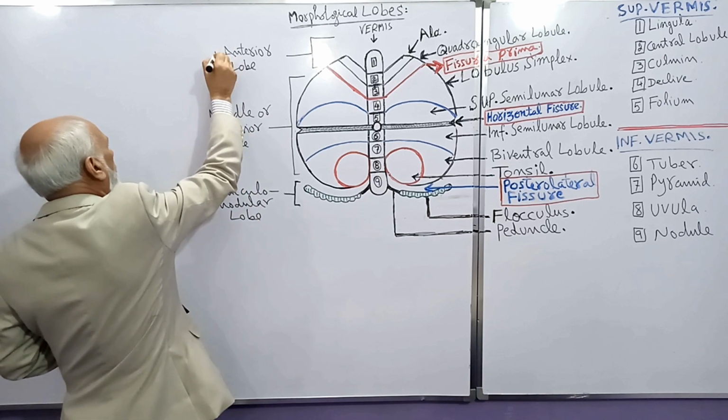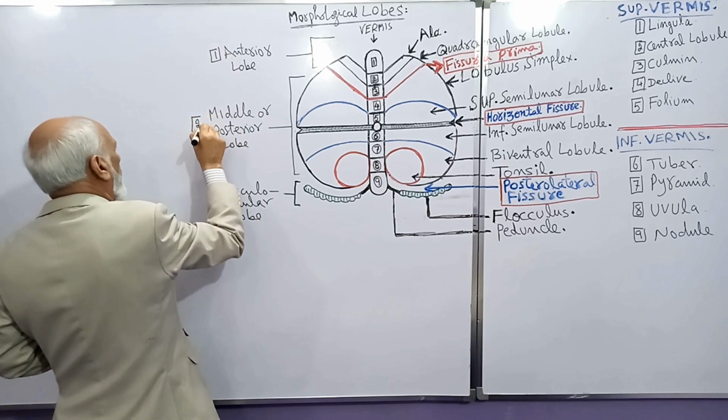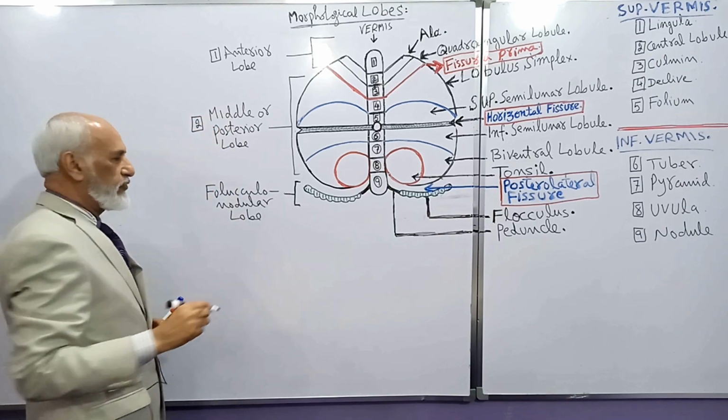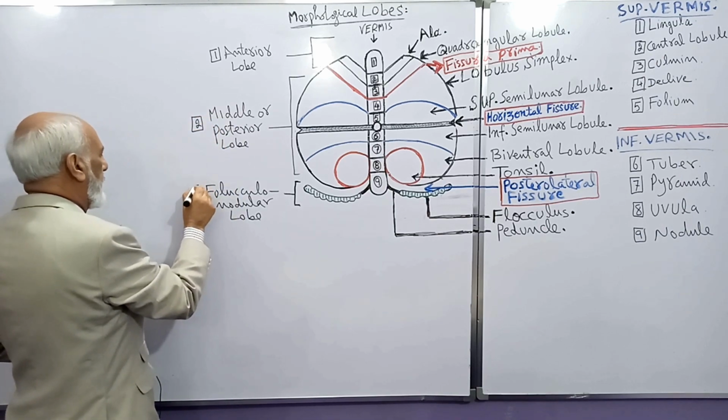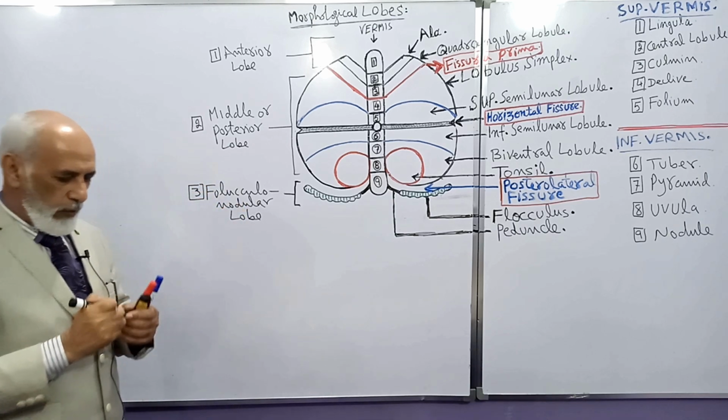So, number 1, anterior lobe, number 2, middle or posterior lobe, and number 3, folliculonodular lobe.